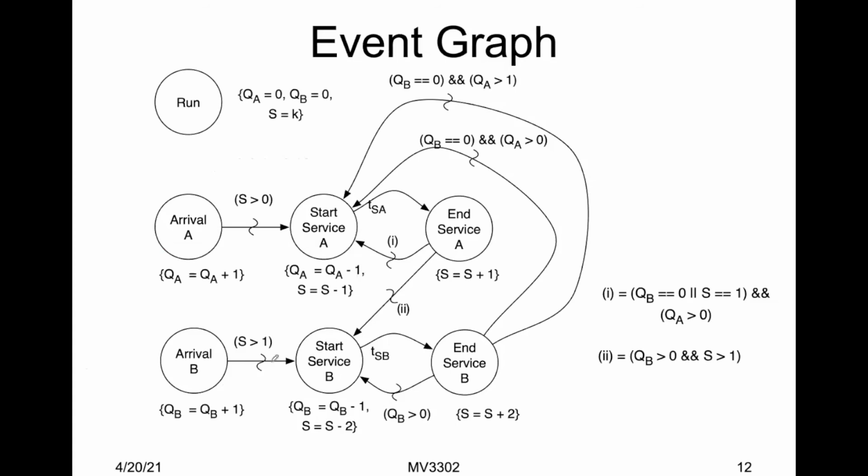Okay, so here's the event graph, and it looks kind of messy. But let's just parse it out piece by piece. And always start with the run event.